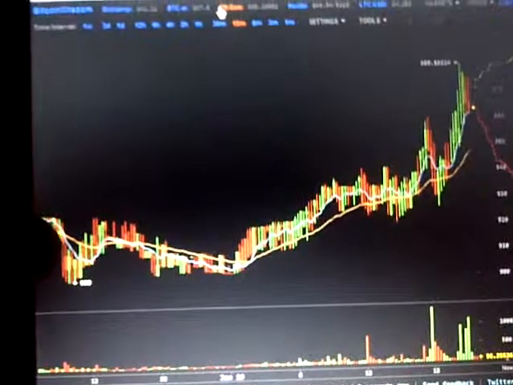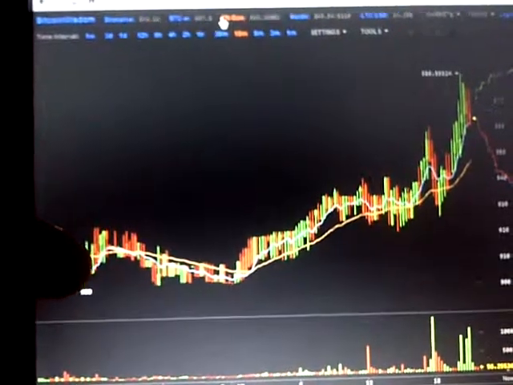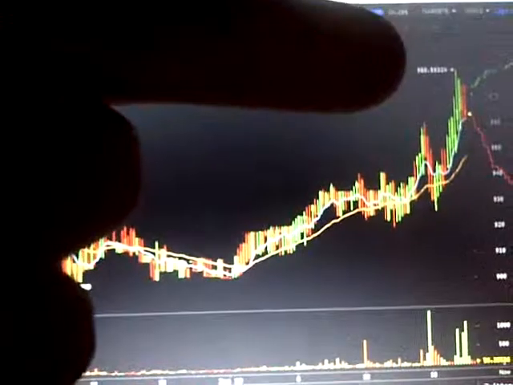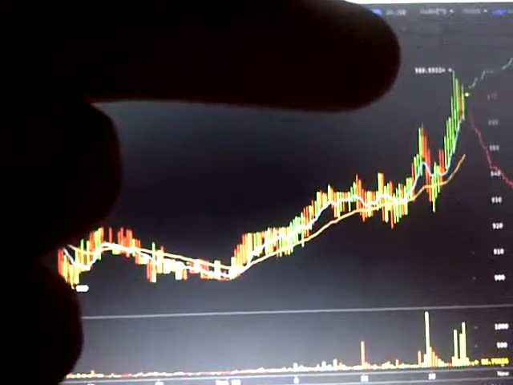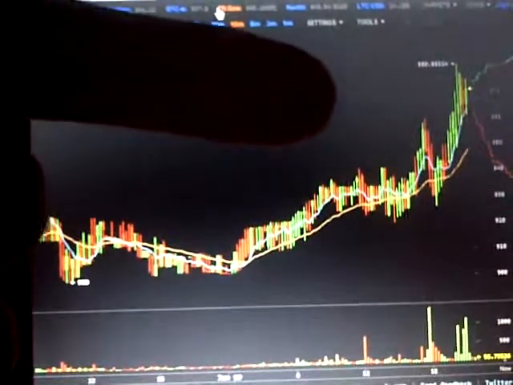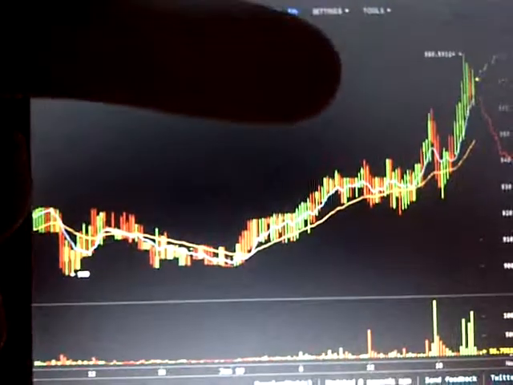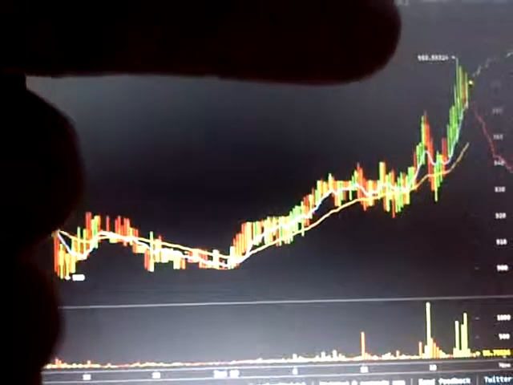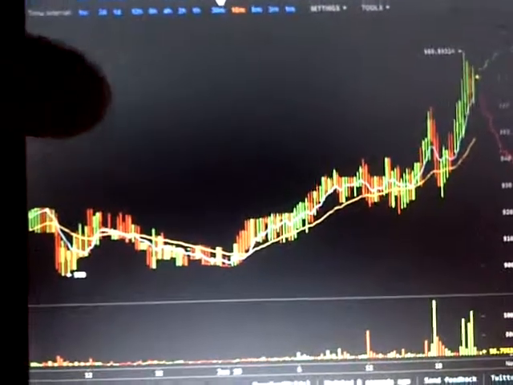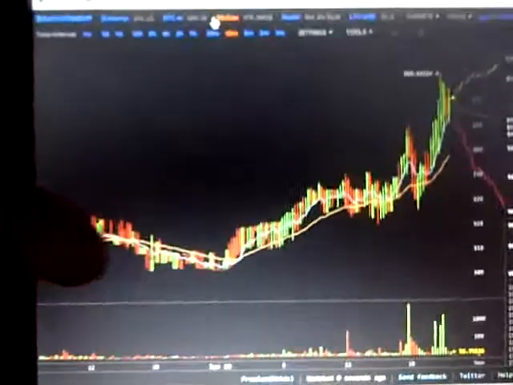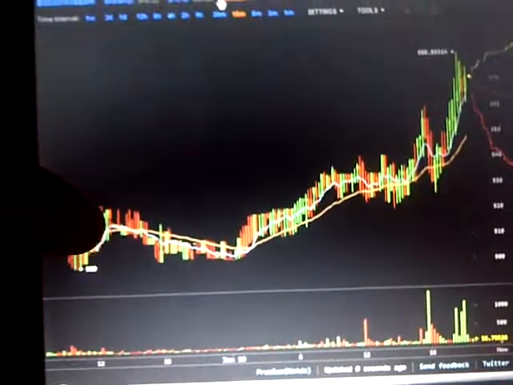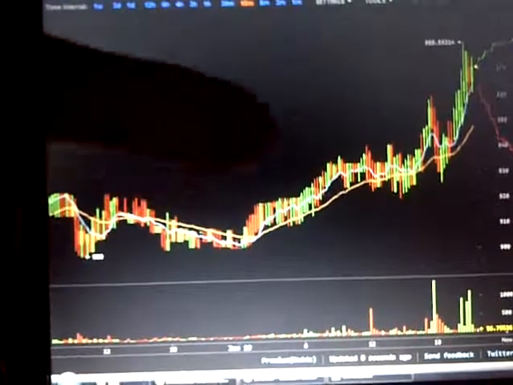If you bought a Bitcoin at 900 and sold out here, there's an $80 move. So you can make $80, or if you bought 100, you made 800. My point is that there's serious moves here on Mt. Gox, and a little bit more volatility.